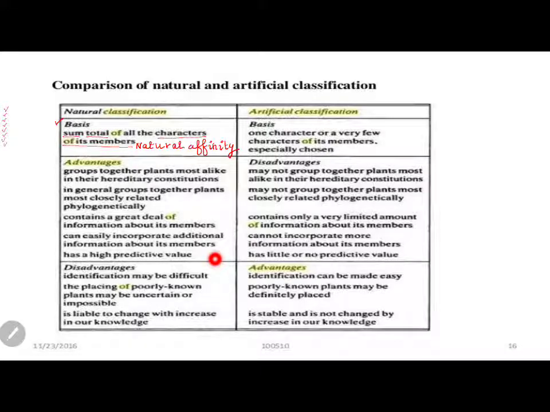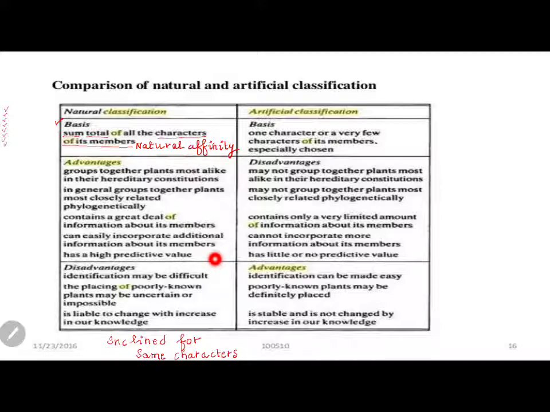What do we mean by the word natural affinity? Natural affinity means, affinity is what? Inclined for same characters. This meaning works for me if I have to make you understand natural classification better.